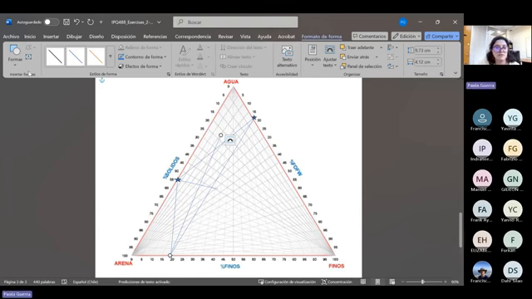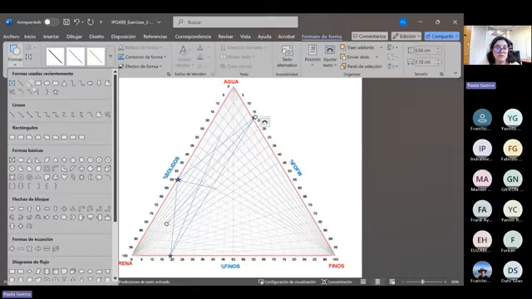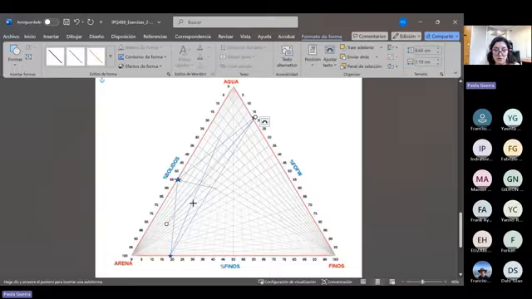Let's trust our magical interpolation powers. And then over here. So our first point is located here. So this is the blue star.